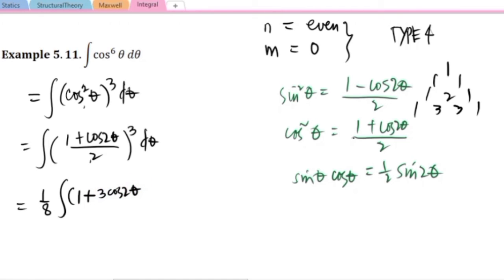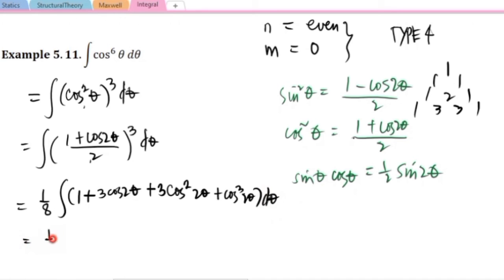So 1 times cosine 2 theta plus 3, it's 1 times the square of the second term. So it's cosine square 2 theta plus 1, plus the cube of the second term. It's plus cosine cube 2 theta d theta.